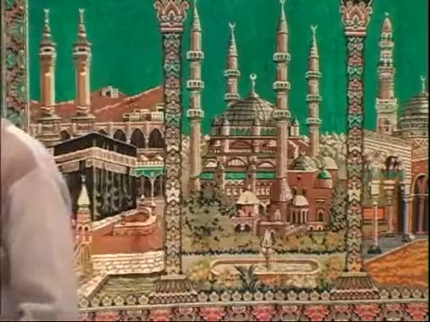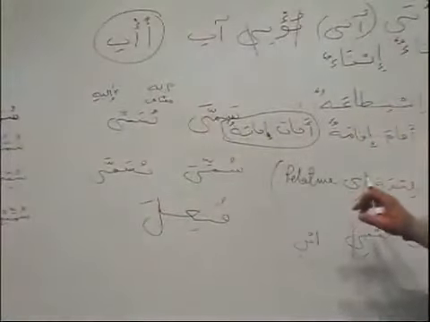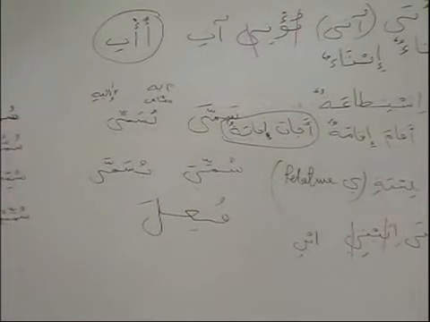وَيُضَمُّ كُلُّ مُتَحَرِّكٍ قَبْلَهُ, and it gets a damma. So in other words, brothers and sisters, before Ain Kalima, every mutaharrik gets a Dhamma. That's what I told you.